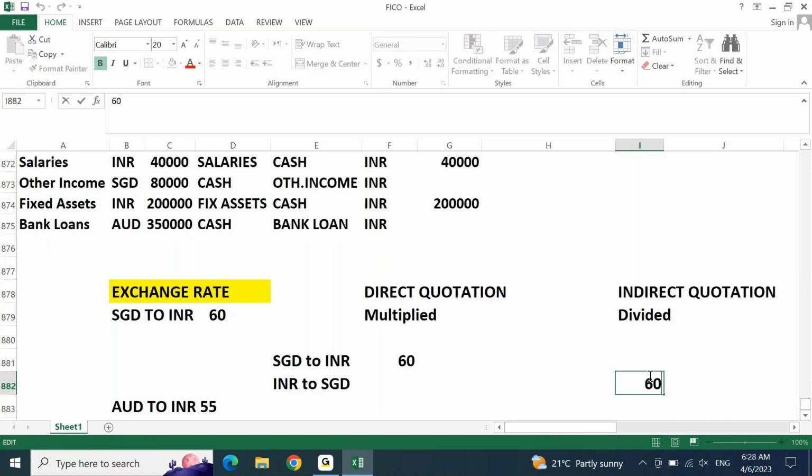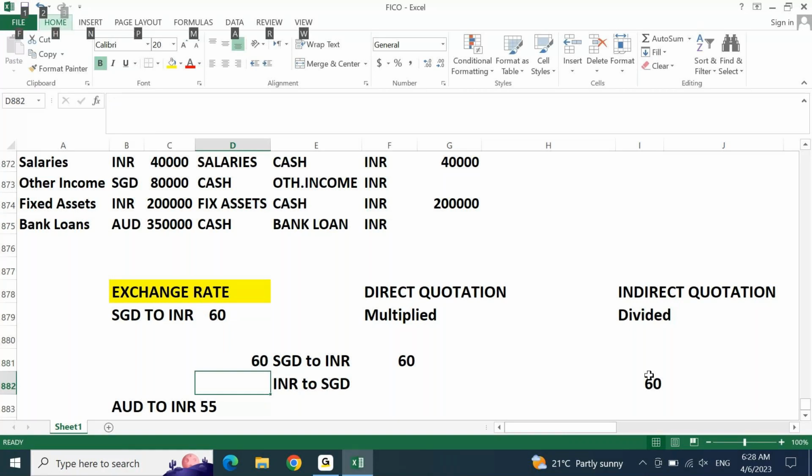So when you see the exchange rate, if it is SGD to INR and you maintain the value in the direct quotation, it will show 60. If you maintain the rate in indirect quotation, it will show slash 60. Is this correct? Yes. This is how the system is going to represent it.